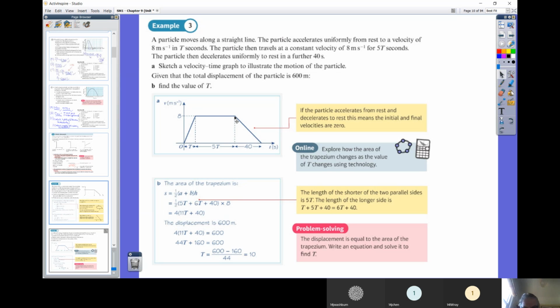This parallel side has got a length of 5t. This length here has got a length of 6t plus 40. So we've added together those two parallel sides and halved it to get the average. We've then multiplied it by the distance between the two parallel sides, which is 8, and that equals our 600. So we set that equal to 600. That allows us to work out our unknown t.